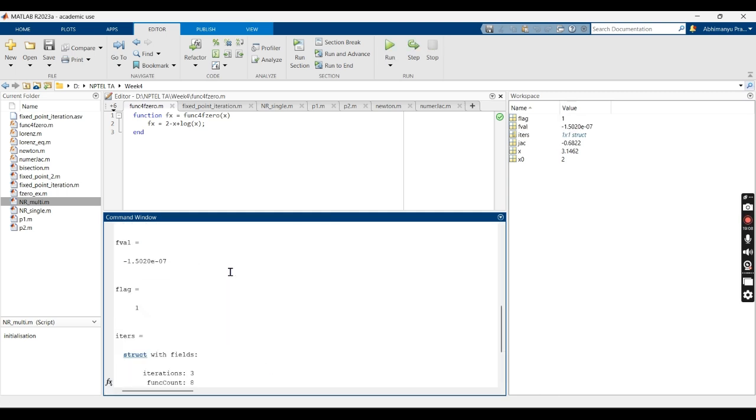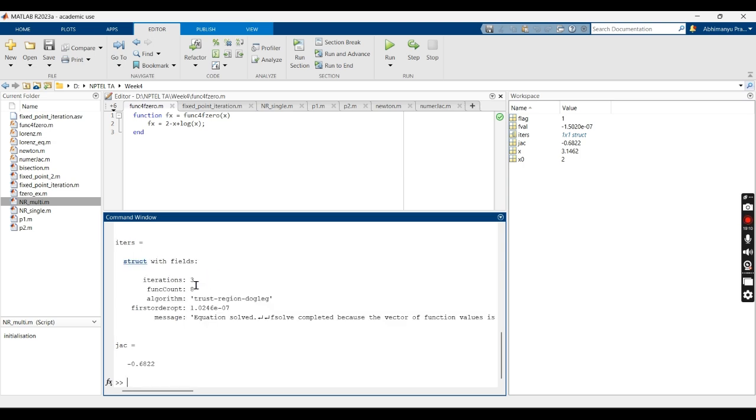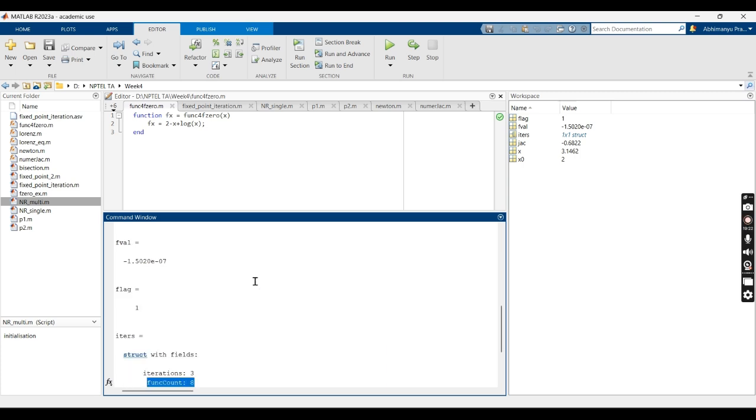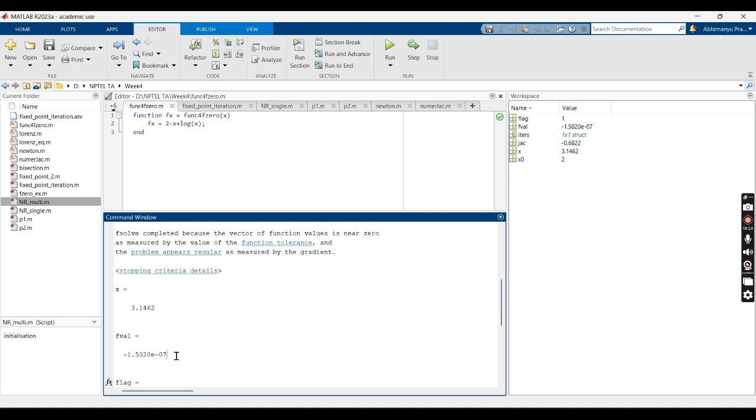Okay. So it took 3 iterations. This is the algorithm it is using. I don't know what function count is; you guys can check online. This is the function value at this x value. So we are close to 1e minus 6.